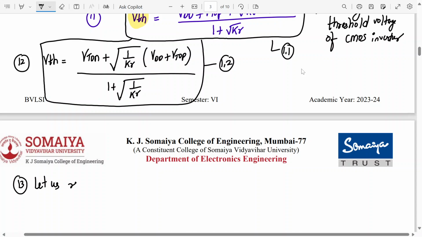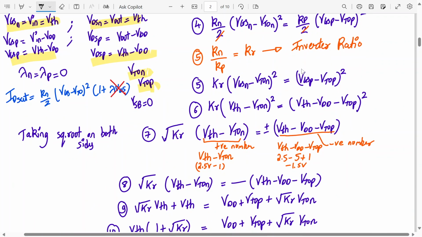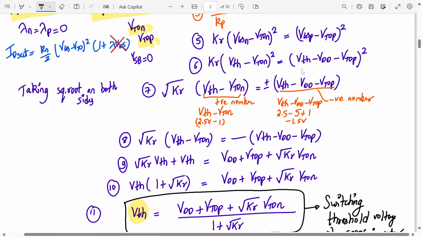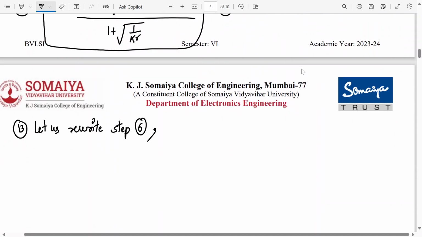Let us rewrite the step 6 equation again. So what was the step 6 equation? Kr was equal to Vth square minus Vt1 square. Let me write that.